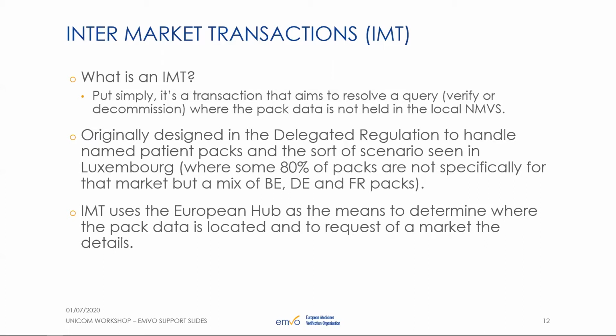So the European hub kicks in, asking the specific NMVS where the data is held to validate the transaction. So if I am in France with a Spanish pack, it will ping the national system in Spain. Next slide, please.